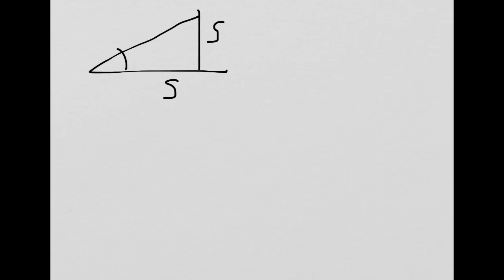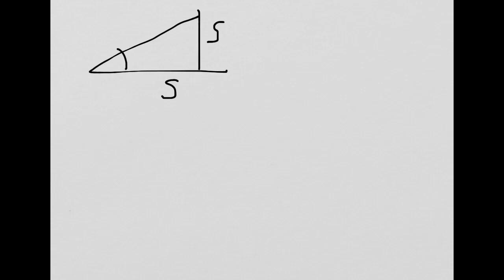So if you have a triangle that looks something like this, and you know that you have an angle and you have two sides, but that angle is not included in those sides, then that's going to be the law of sines that you're going to use.